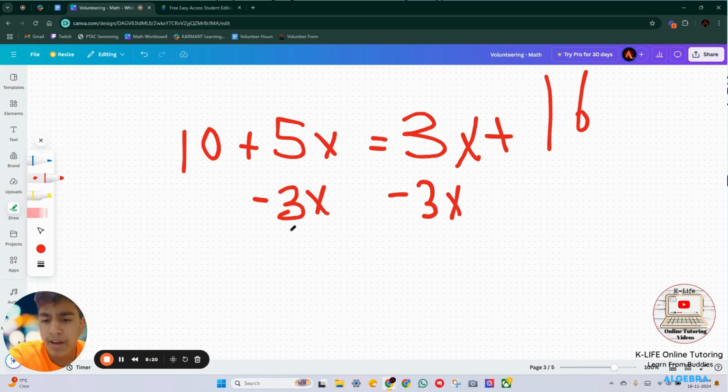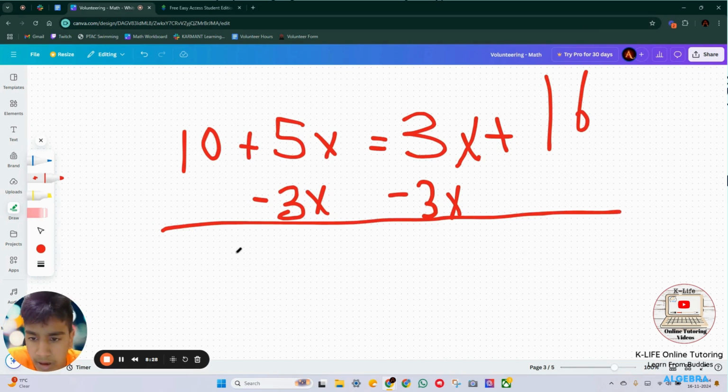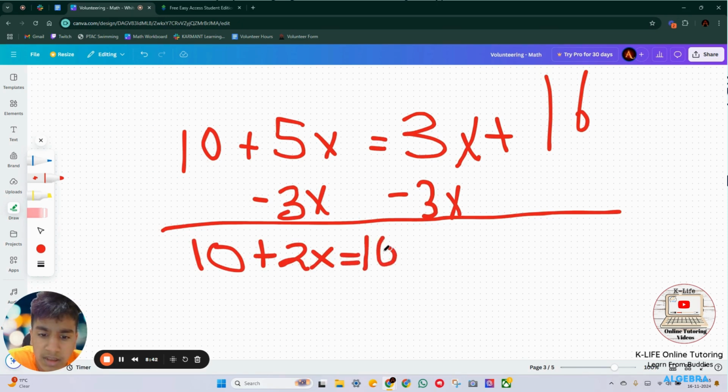You're going to get 5 minus 3 equals 2x, and 3 minus 3 equals 0. Okay? So you're just going to have it like that. So what you're going to have now is 10 plus 5 minus 3 is 2, so 2x equals 16.